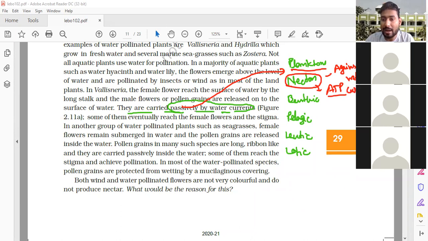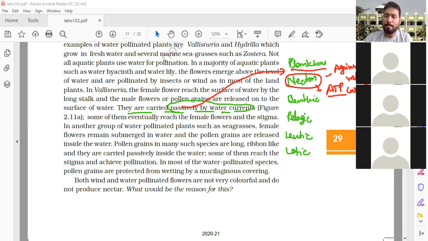Against water current means suppose that water is flowing in this direction, the nekton will move in the opposite direction. So in this way, there is the need of ATP. So phytonekton or zoonekton. Nekton means they will expend their energy for the movement against the water current. So this is the plankton and nekton.